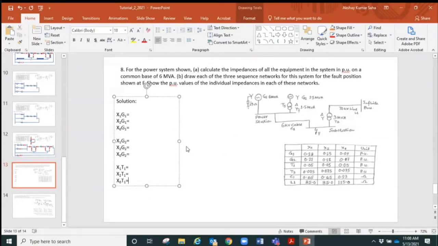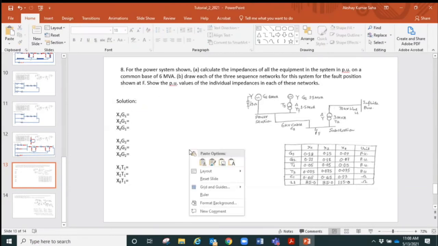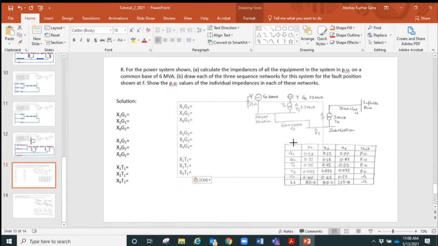And then we'll have to do it for the others as well. Let me copy and paste it there. So what is next there is the cable: x1 of cable C1, x2 of C1, x0 of C1, and the transformer T2: x1, x2, x0 of T2.